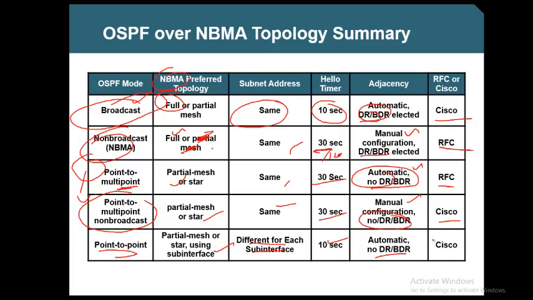See, whenever the word point comes, point to multi-point or point to point, wherever there is point, there won't be DR/BDR. That's a good point to remember. And point to multi-point means the same subnet and automatic, the neighborship is going to start automatically.